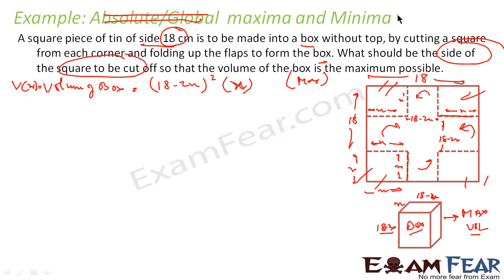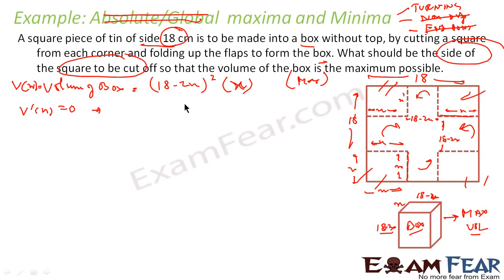Now this function can have maximum values at turning points, non-differentiable points, and endpoints. Since we're talking about an open interval, there is no endpoint. Since it is a continuous function, there are no non-differentiable points, so the only candidates are turning points. For a turning point, V'(x) has to be 0.